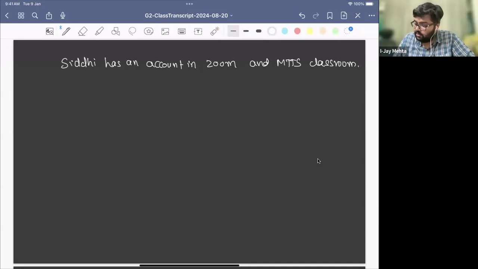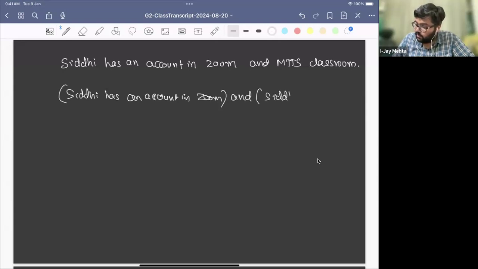So this is a statement where there are two things, right? We are checking. What is the first thing? Siddhi has an account in Zoom, right? This is the first thing we check. And then we check Siddhi has an account in MTTS classroom, right?